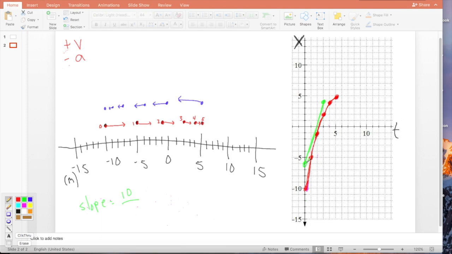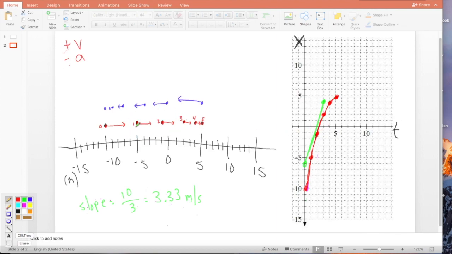My run, I started at 0, and to get up here to a point of 4, I had to go over, it looks like 1, 2, 3. 10 over 3. That's going to be about 3.33 meters per second. That is kind of my approximated velocity at time equals 2.